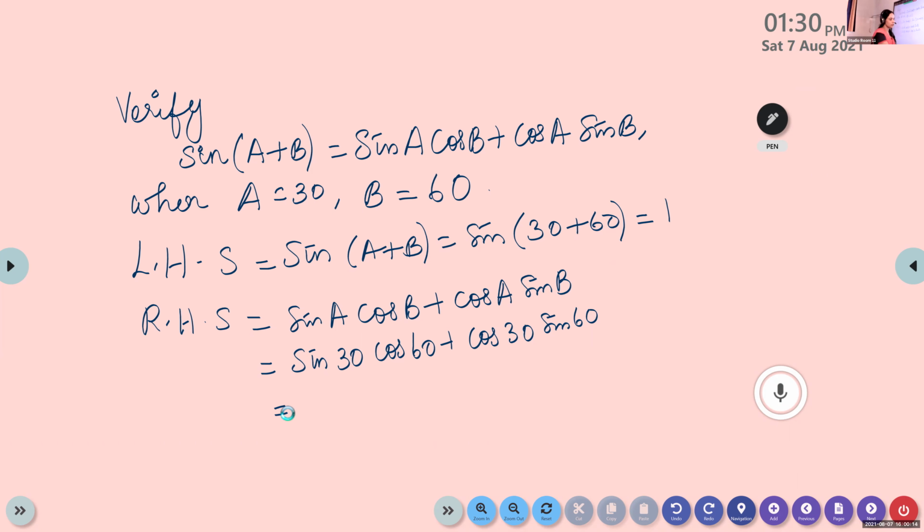Now substitute these values. John, what is sine 30? Sine 30 is 1 by 2. Cos 60? 1 by 2.